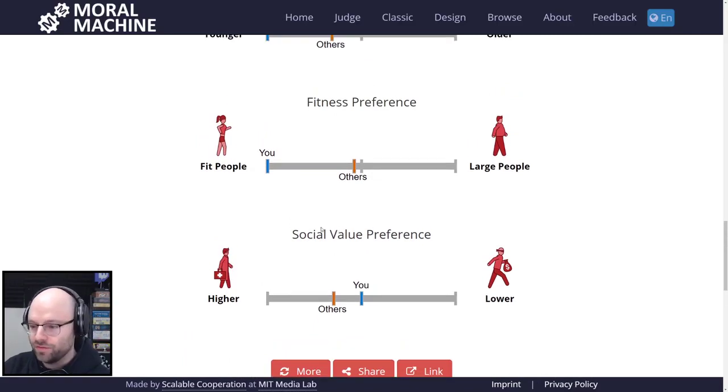Social value preference. Anyway, I'm learning, dude. A lot of people think they should be able to cross the street whenever it's convenient for them. That's crazy to me. I can't even imagine.